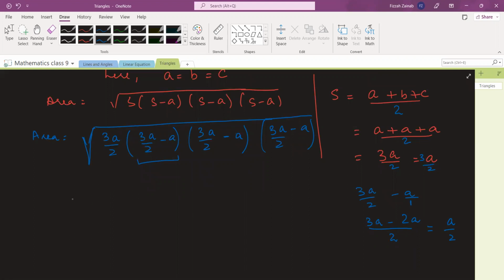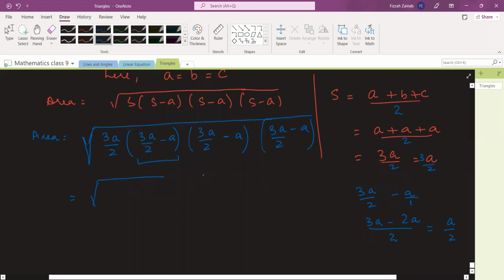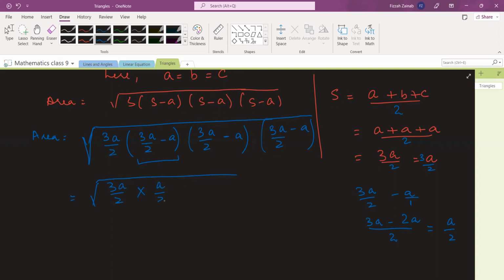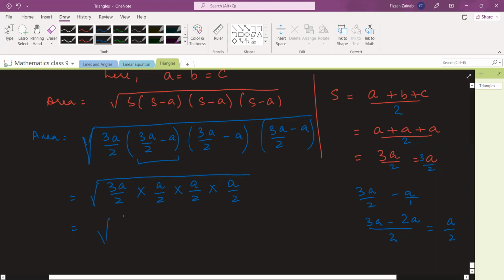Yes. So this will become 3A by 2 into, this is A by 2, this is also A by 2, and this is also A by 2. Is that okay? Yes, ma'am. Okay, and this first you can split like 3 into A by 2. Can I write it like this?